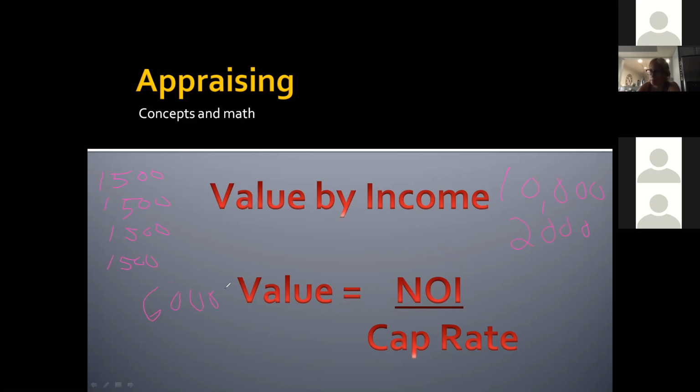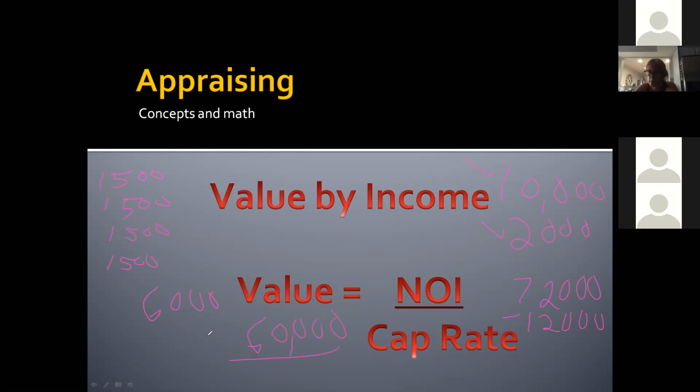$6,000. And we're going to convert that to by the year because the taxes and the insurance are by the year. So that means 72,000, because 6,000 times 12 is 72,000. That's his income. And then minus his expenses, we're going to take off $12,000. That's going to give us a total of $60,000 in net operating income.